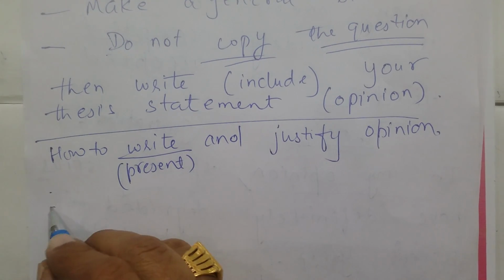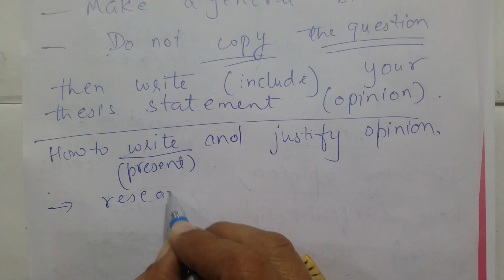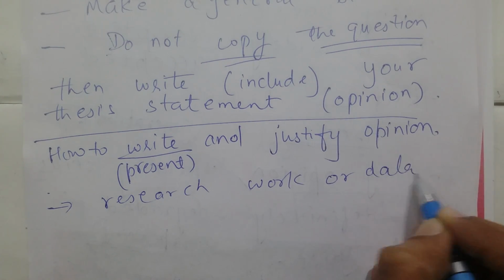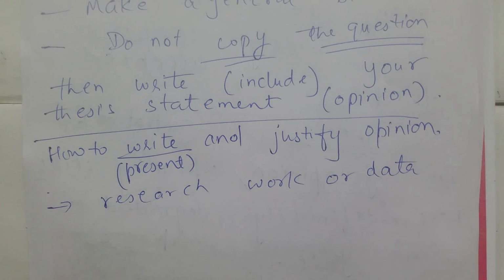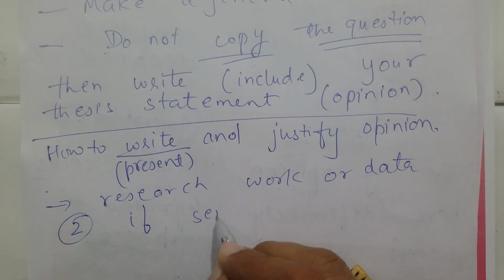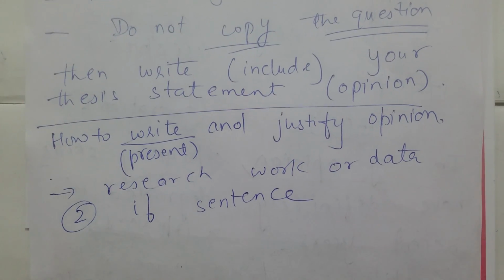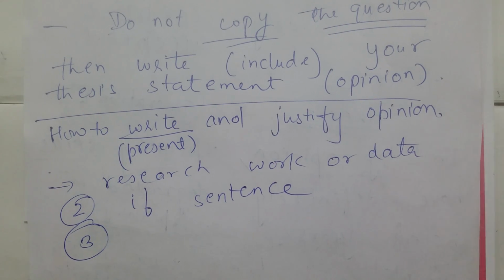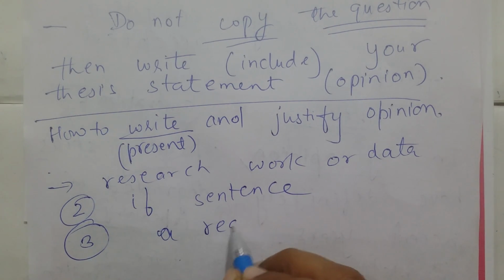So here I can work with any kind of research work, or I'll provide data. This thing I'll take. Second, I'll go with any kind of if sentence. Third, I will provide any kind of reason.